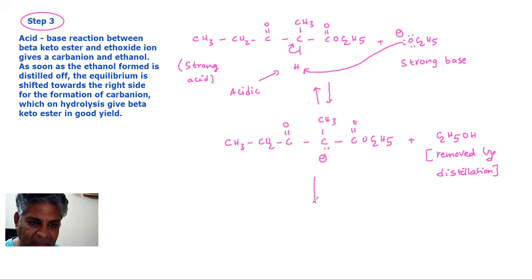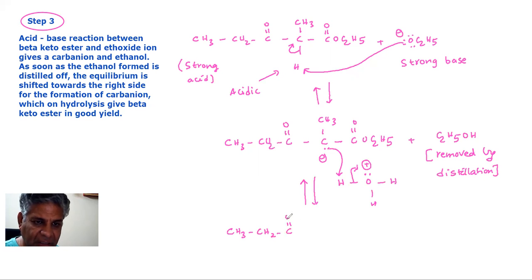Now this carbanion is hydrolyzed in the presence of an acid. Once you hydrolyze in the presence of an acid, this is protonated. Once you protonate this, you'll get CH3CH2C double bond O, CH, CH3, and then C double bond O, OC2H5.